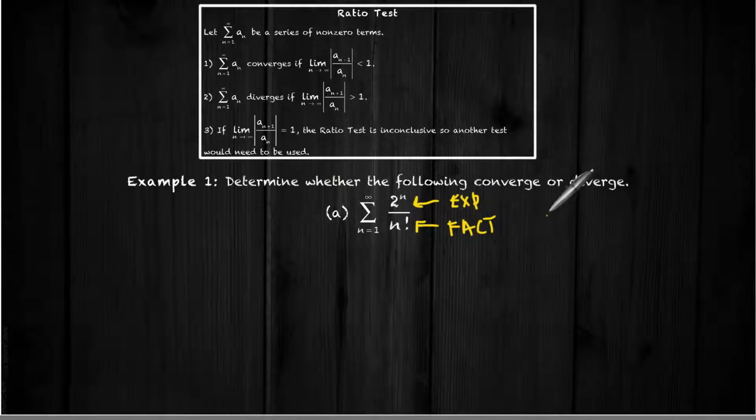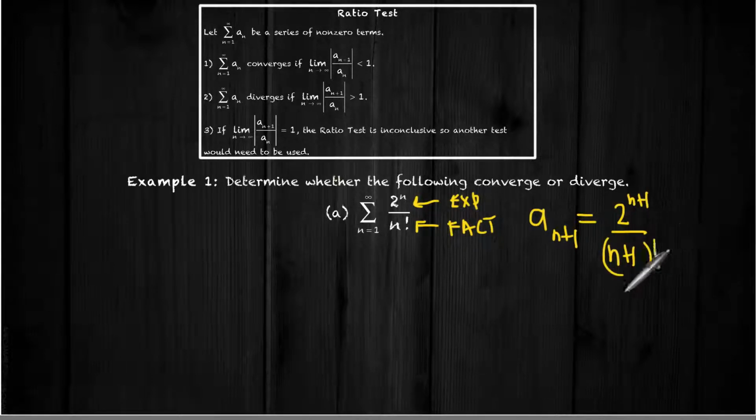So, the ratio test says that we need to find the a sub n plus 1 term. That means every place where we see an n, we're going to replace it with n plus 1. So a of n plus 1 is equal to 2 to the n plus 1 over n plus 1 factorial.